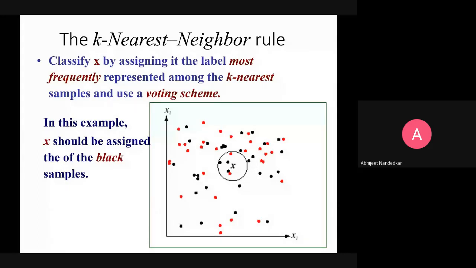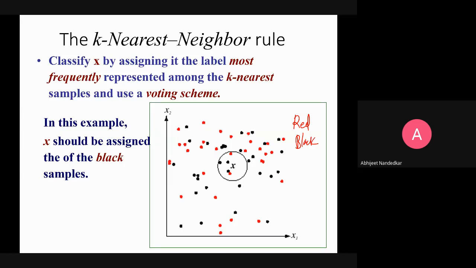Now this k nearest neighbor rule, here the problem is: classify x by assigning it the label most frequently represented among the k nearest samples, and use a voting scheme. In this example, x should be assigned to one of the two classes, that is red or black.